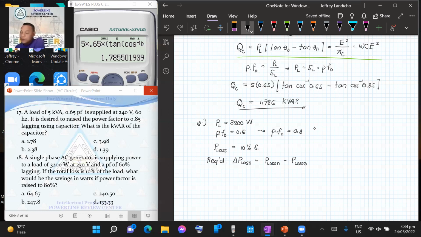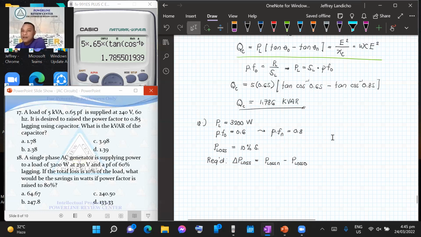So saan natin kukunin yung ating new power loss at saka old power loss? Sabihin na lang natin, this is our power loss, new, that is based on the new apparent power when the new power factor is corrected to 0.8. So the old power loss if the original power factor is what?